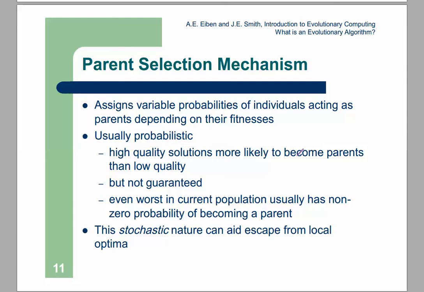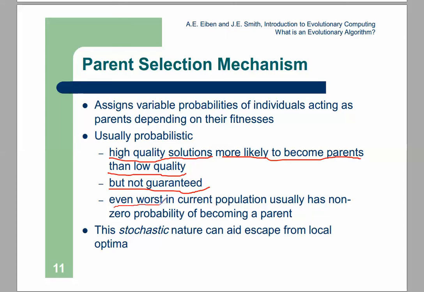Stochastic or random selection, and selection by fitness. The better the fitness, the more chance to be selected as a parent. As mentioned, high quality solutions are more likely to be parents than low quality ones, but it is not guaranteed. It is random.